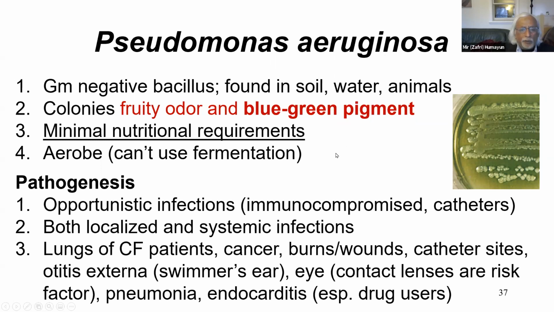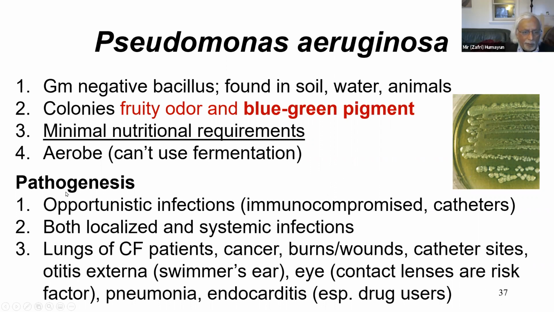And Pseudomonas aeruginosa has almost no nutritional requirement, meaning that it's a good example of a prototrophic organism, an organism that synthesizes pretty much everything it needs from very simple ingredients. It's an aerobic organism, and it cannot carry out fermentation.